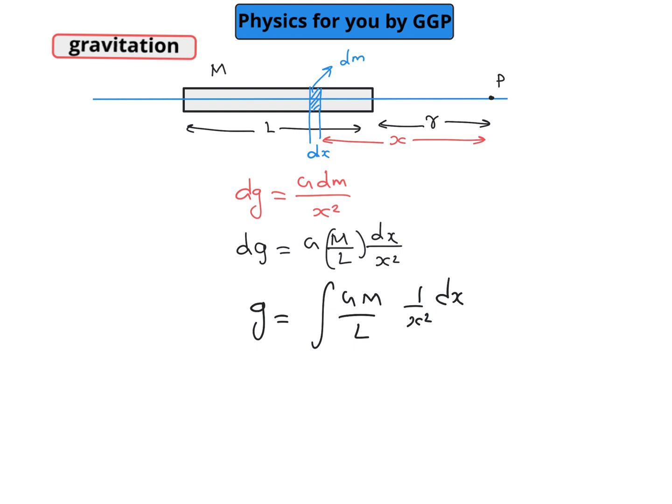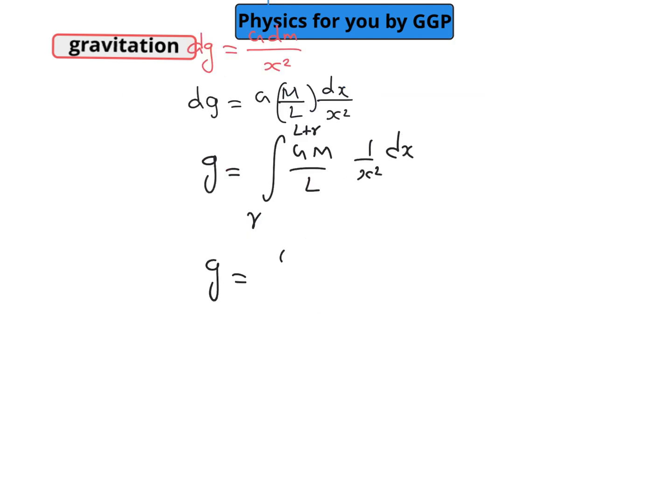You can observe that the value of x is changing from r to r plus L. So we can write g is equal to GM divided by L into x raised to minus 2 dx, integrated from r to r plus L.